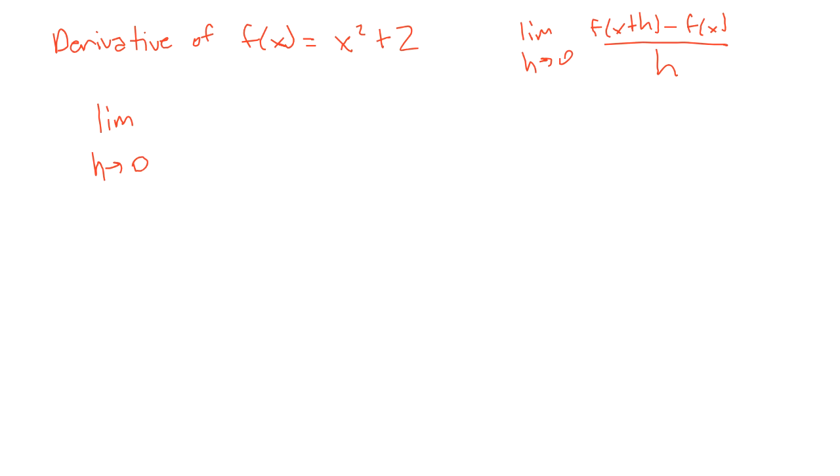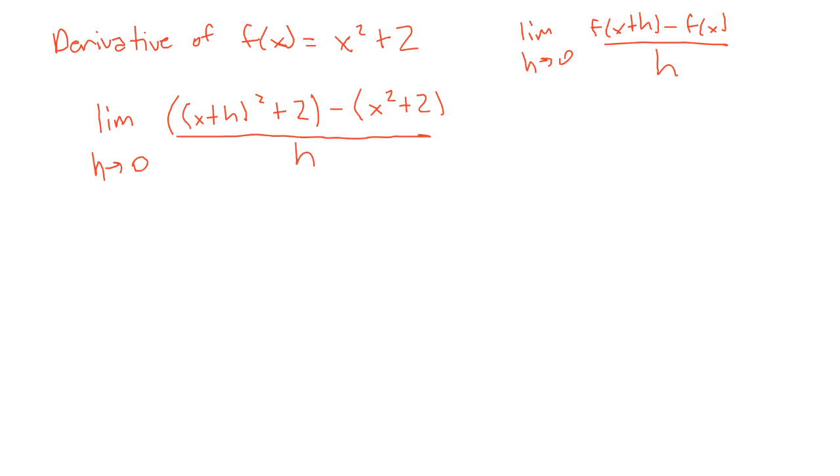So our f of x plus h is going to end up being x plus h squared plus 2, minus our initial function, which is just f of x, which is equal to x squared plus 2, all over h.